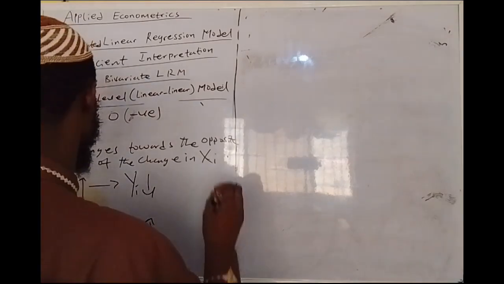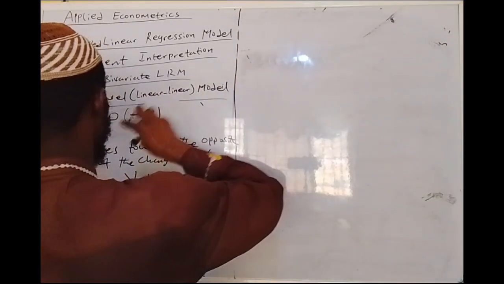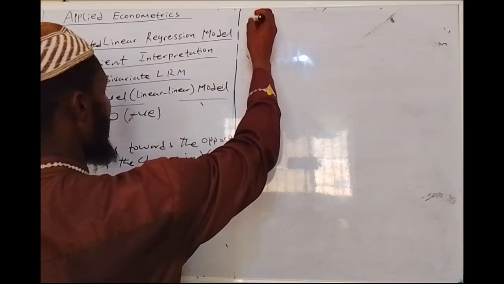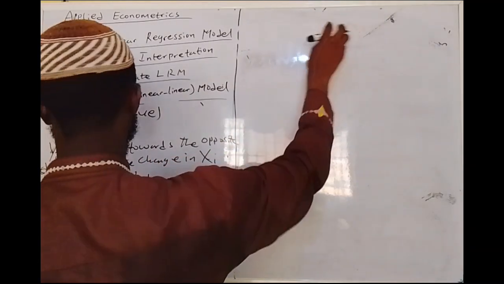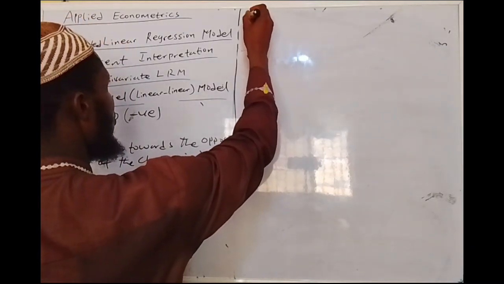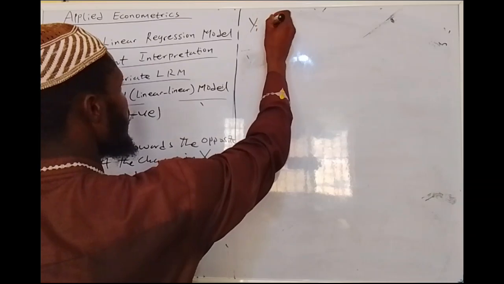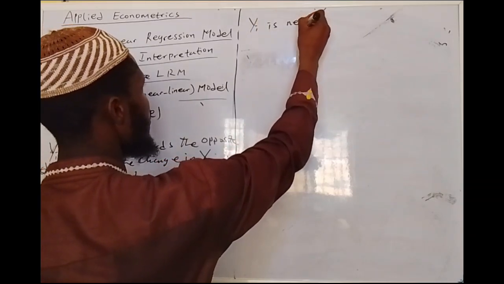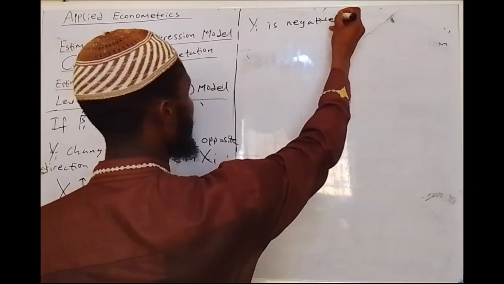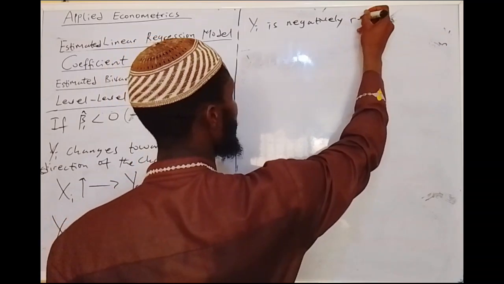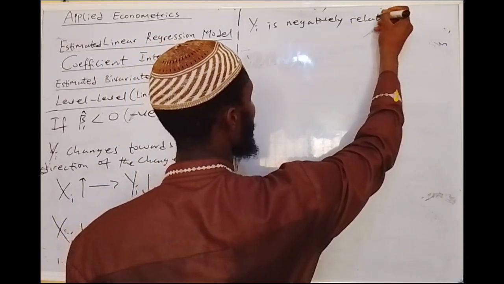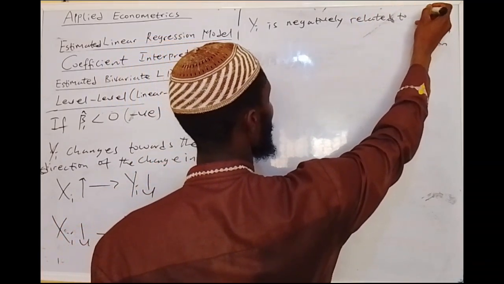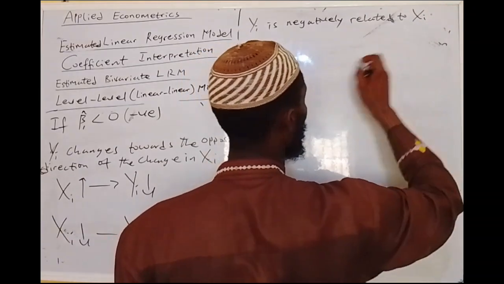So the interpretation follows this pattern: y is negatively related to x i.